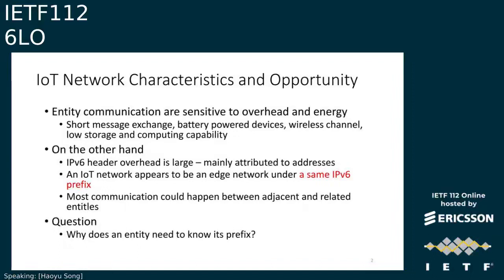But meanwhile, most of the communication happens in the edge network between adjacent and related entities, and they share the same IPv6 prefix. So the key observation is: why should the entity know the prefix in the first place? Next slide, please.